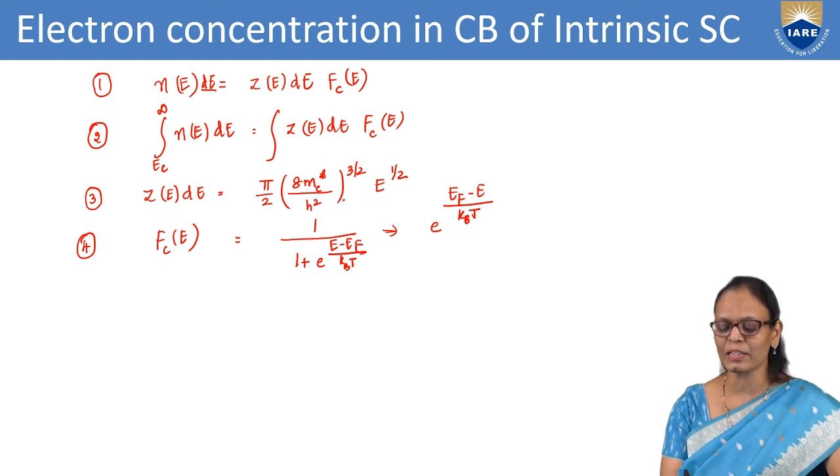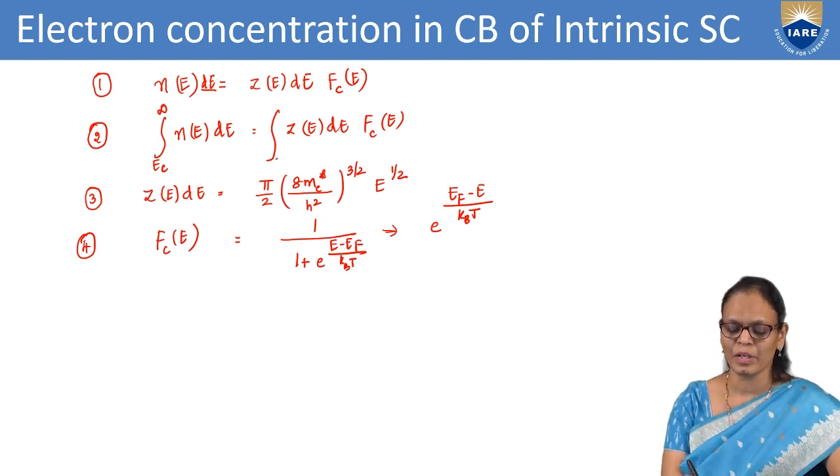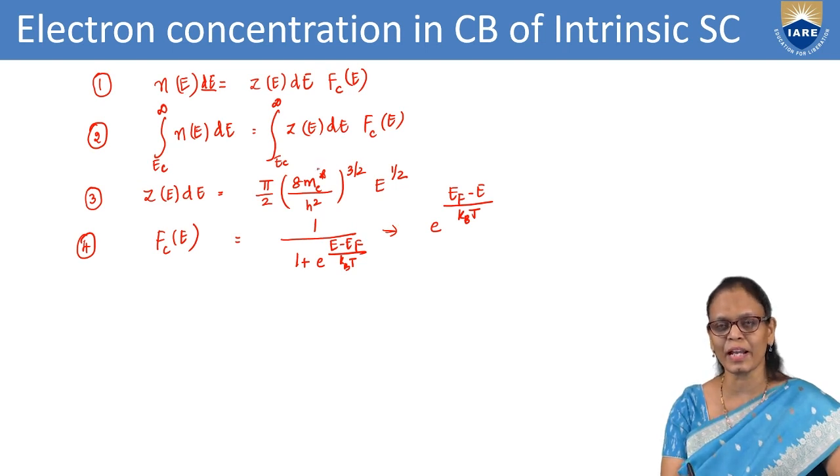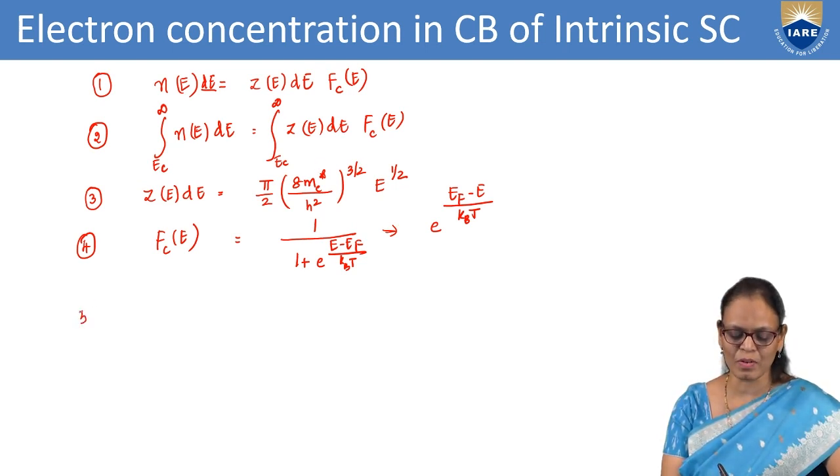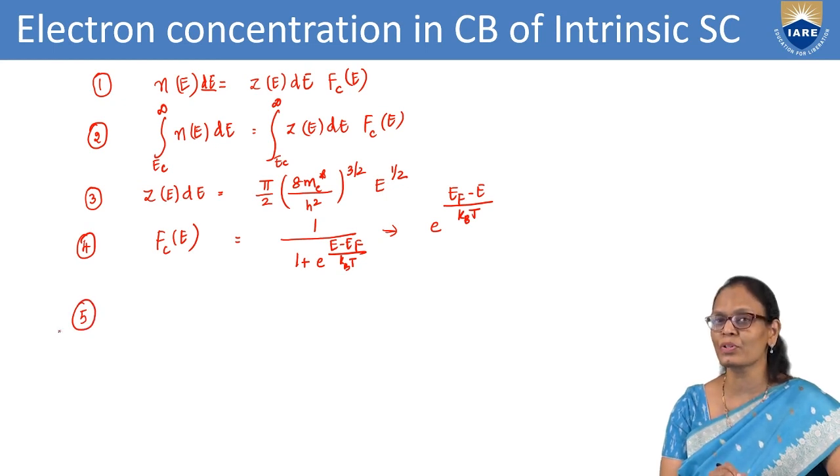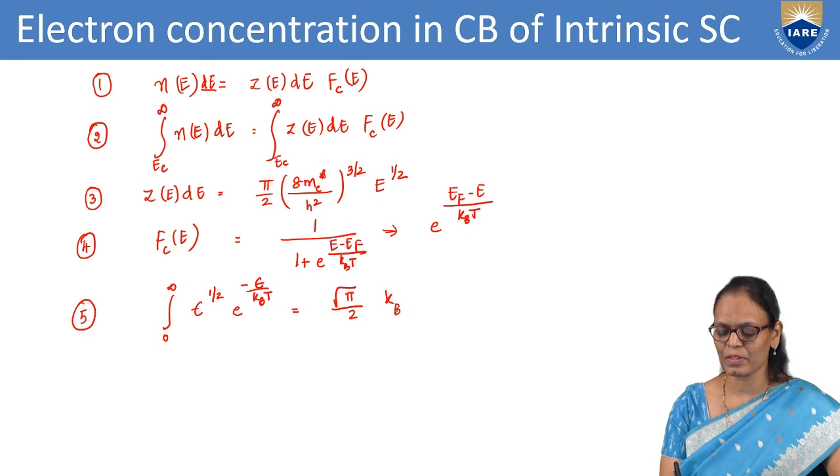Once you have these two, you substitute them in the limits EC to infinity. Now you substitute, rearrange, take all the constant terms outside, and also use one more relation: integral 0 to infinity epsilon power half into e power minus epsilon by kBT gives root pi by 2 kBT power 3 by 2.